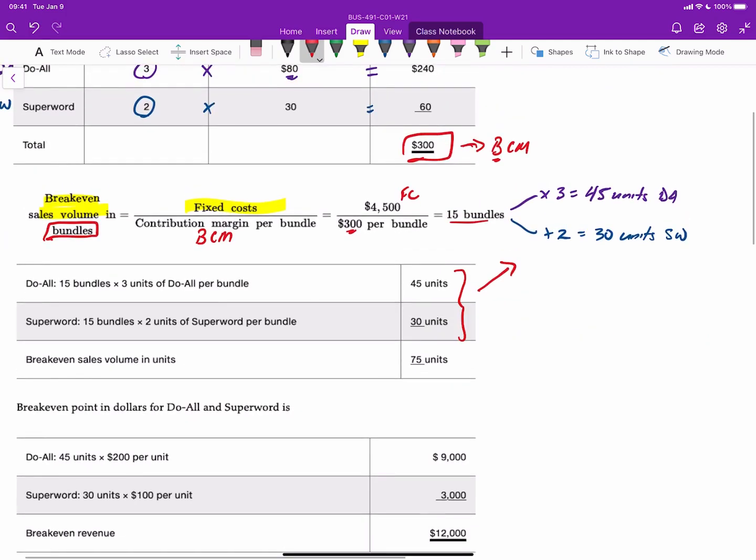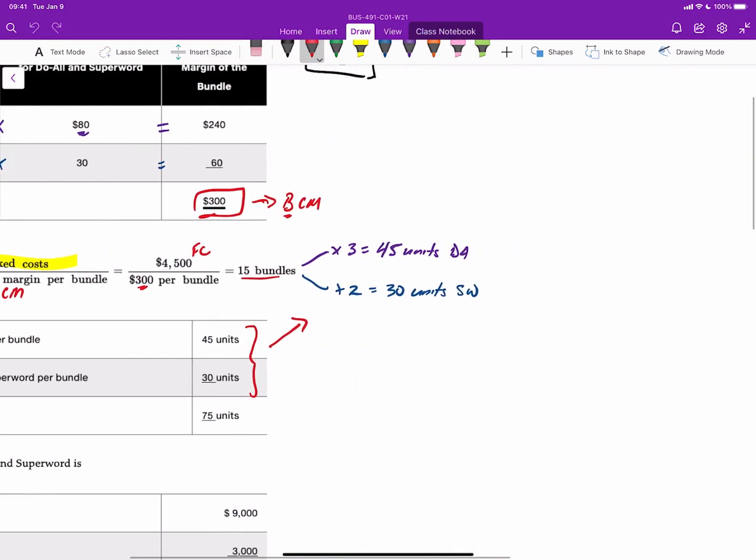And then if we know that the selling prices are $200 and $100 respectively, we would multiply this by the $200 unit selling price to give us $9,000 in total revenue for Do All, and times $100 unit selling price to give us $3,000 for total revenue required of Superword.